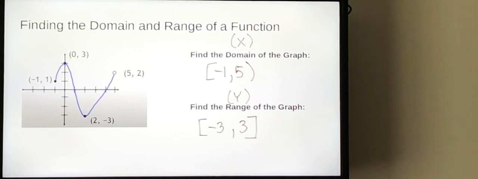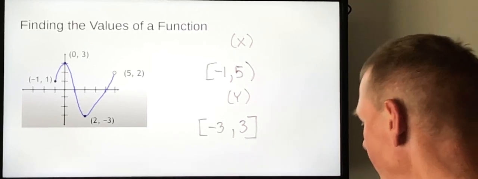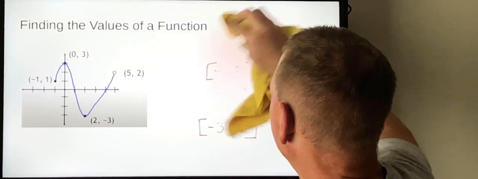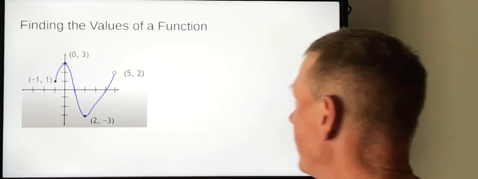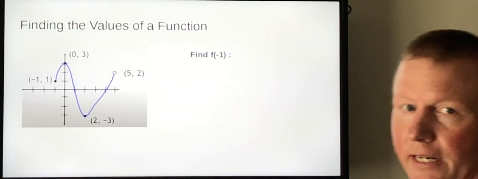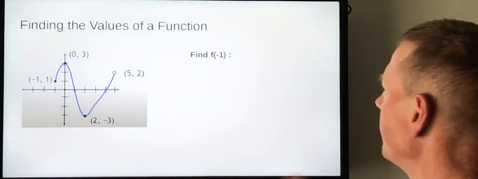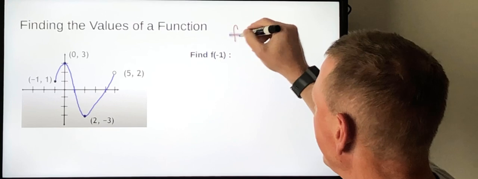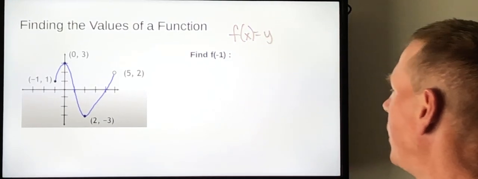Okay, let's take a look at the idea of finding some values here. Let me erase the previous slide. I'm going to move on to finding values. The first one we're going to find is f of -1. Let's just review. Remember that f of x is technically the same thing as y.